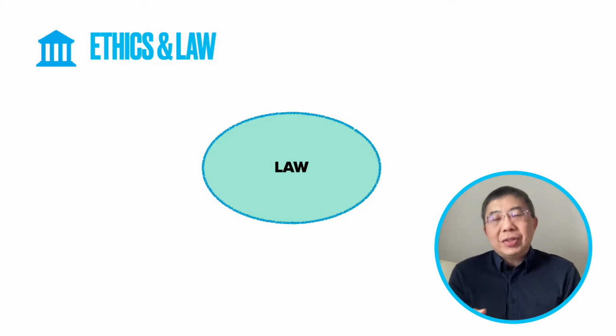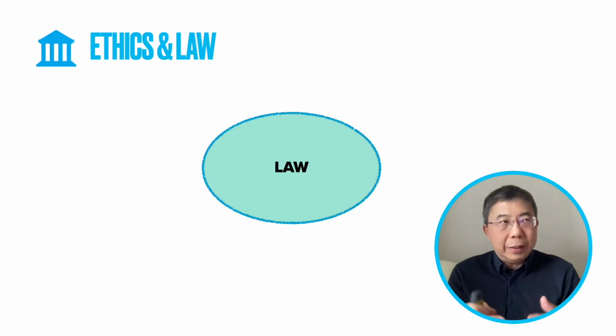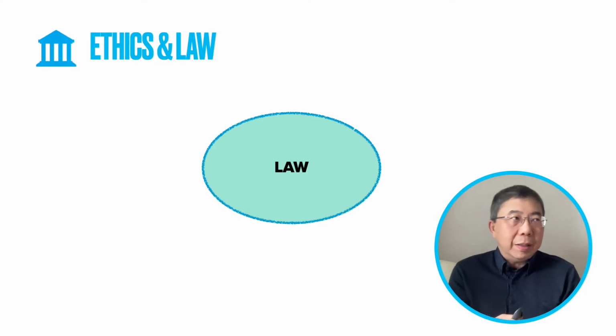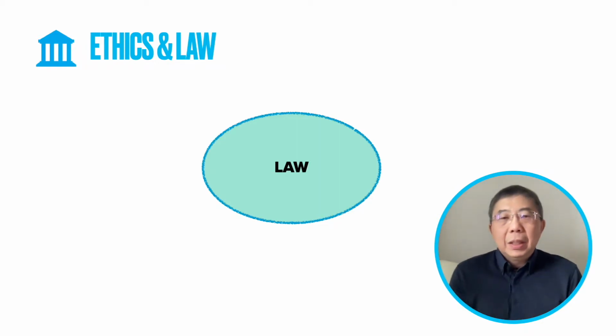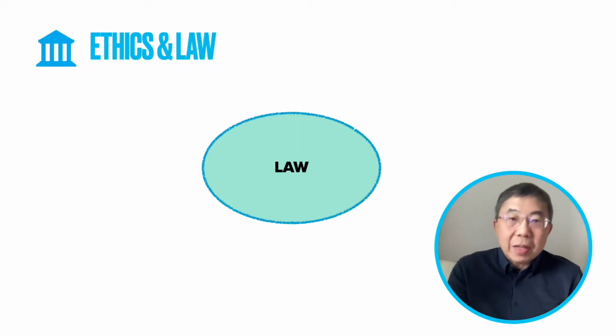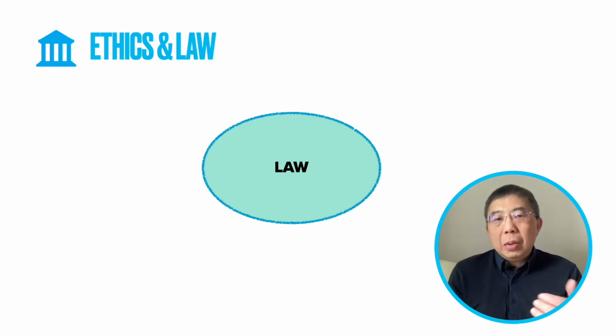Some laws are just there to ensure that our activities do not disrupt society at large. For example, you can only drive on one side of the road. So law may include ethics and morality, but not all laws cover all aspects of ethics and morality.